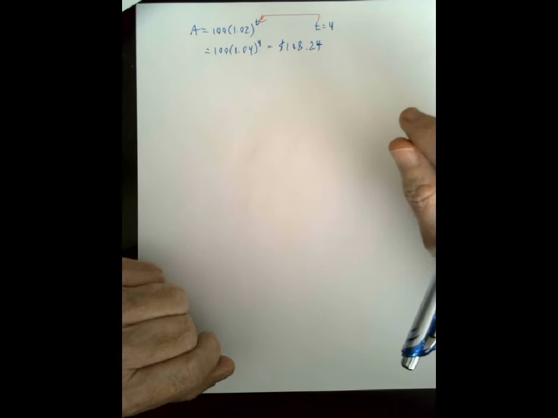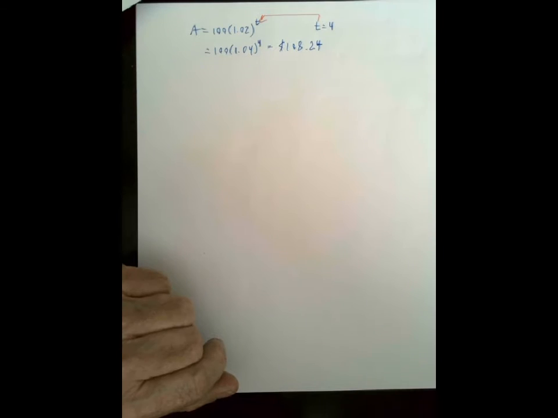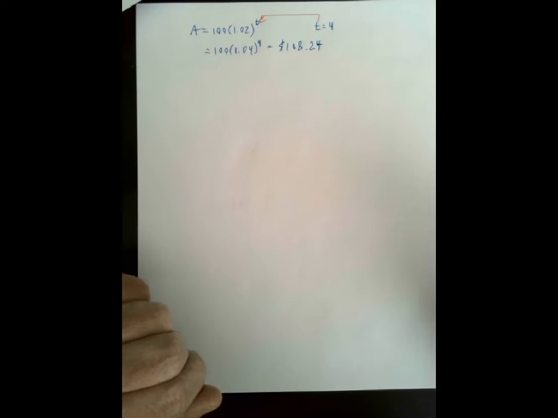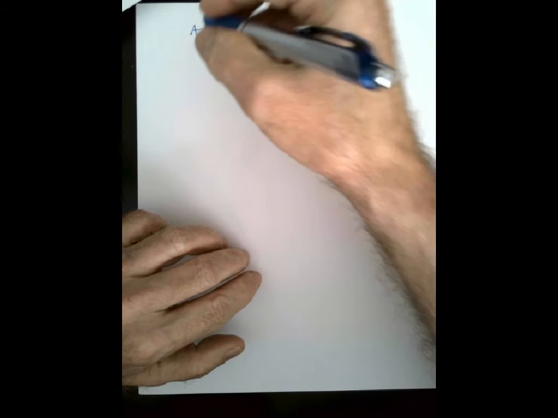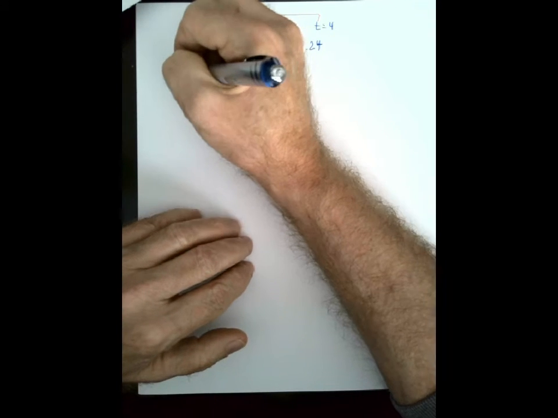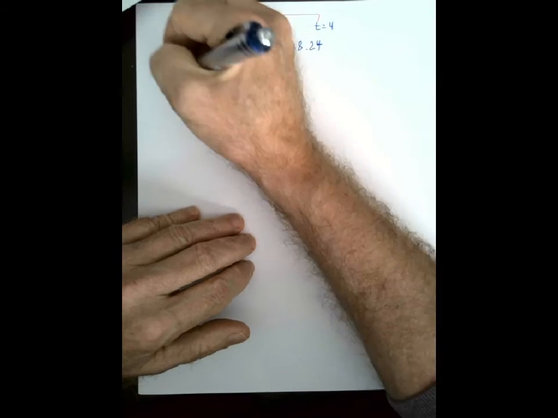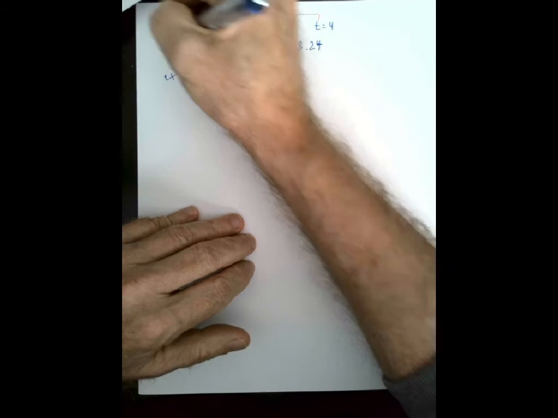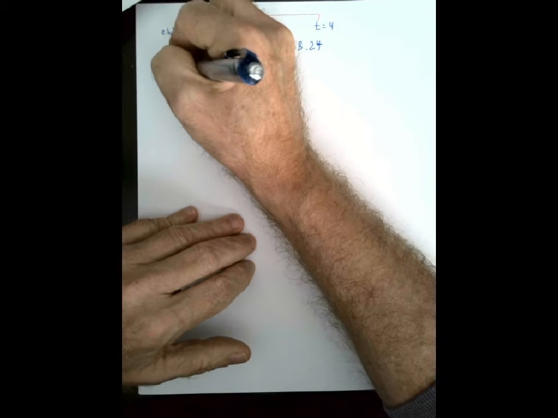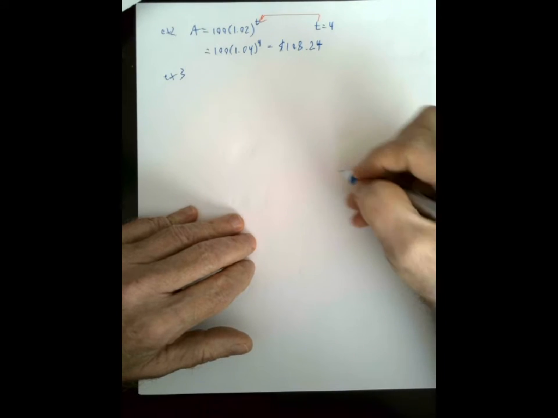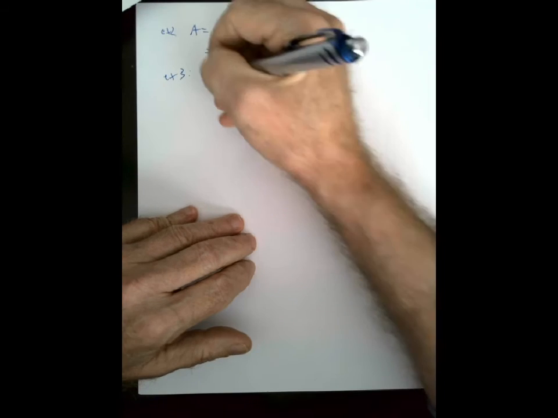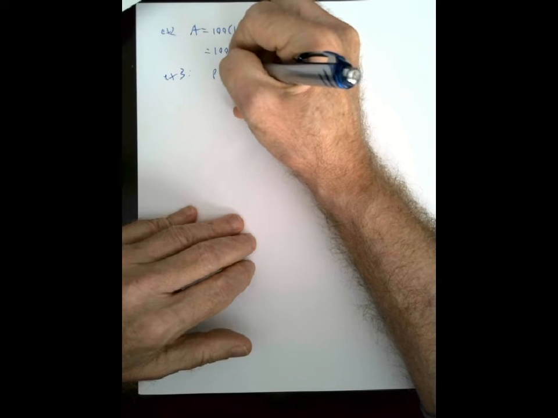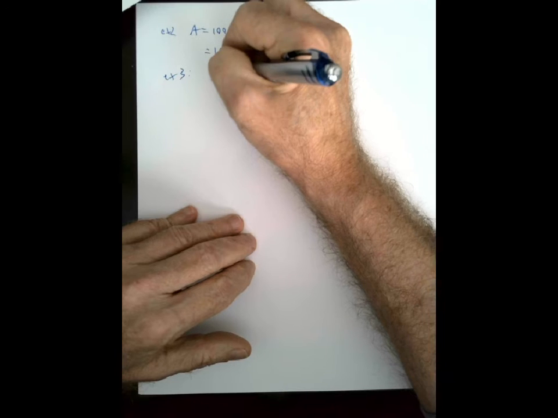Now let's do another one like that, and then I'm going to give you one to try out. Okay, so let's see. That was example 2. Here's going to be example 3. What if we begin with the principal of $350, let's say.